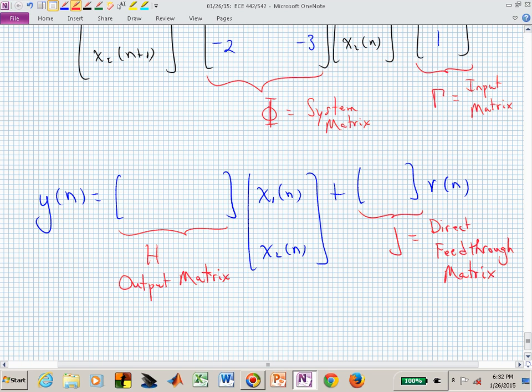It's one row by two columns, a 1 by 2 matrix. It has to be compatible with the state vector and the output. We defined y to just be x sub 1. If we make the output matrix 1, 0, that will just pull off x sub 1. And we didn't have an input directly coming in to force the output, so that direct feed-through matrix is 0.